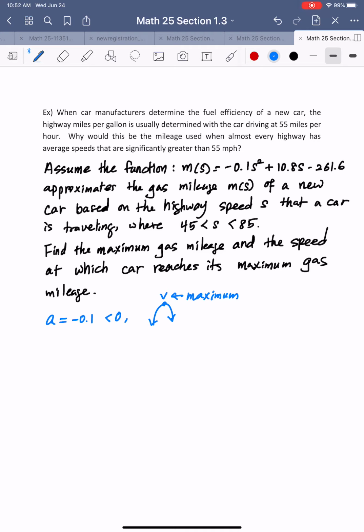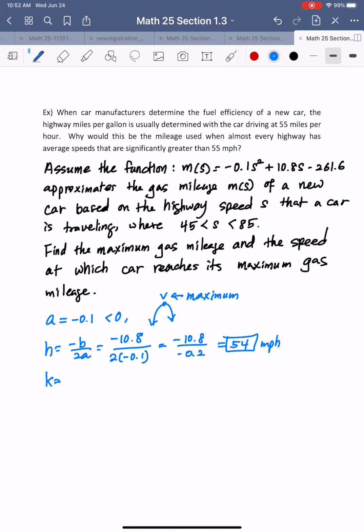Now h is negative b over 2a. So negative 10.8 over 2 times negative 0.1, which becomes negative 10.8 over negative 0.2, which equals 54. So h equals 54, which is in miles per hour. This is s, the speed.